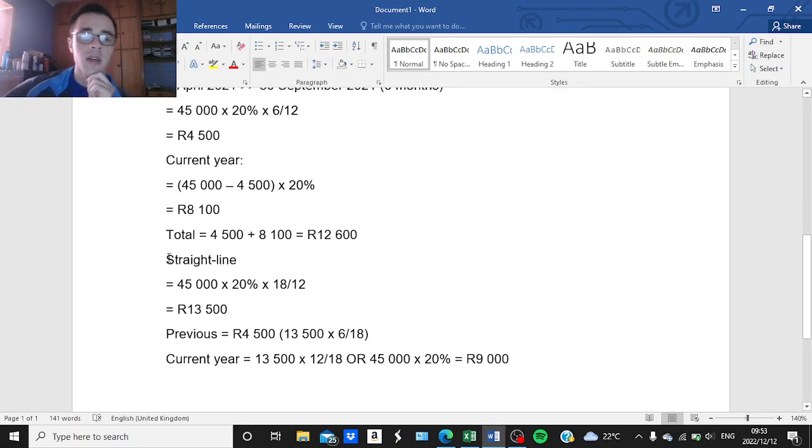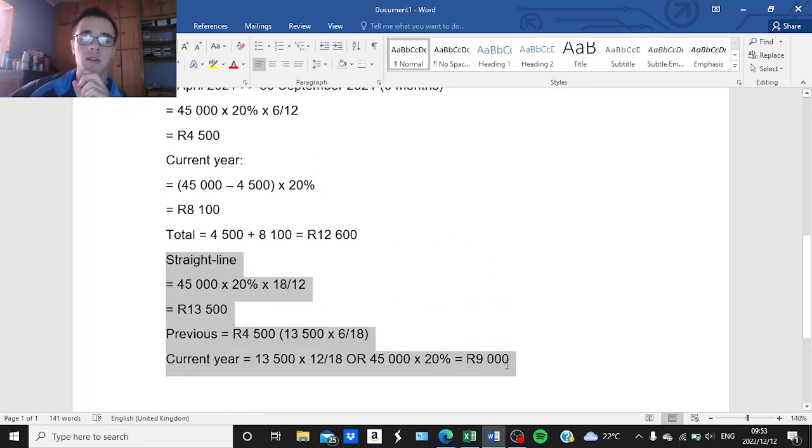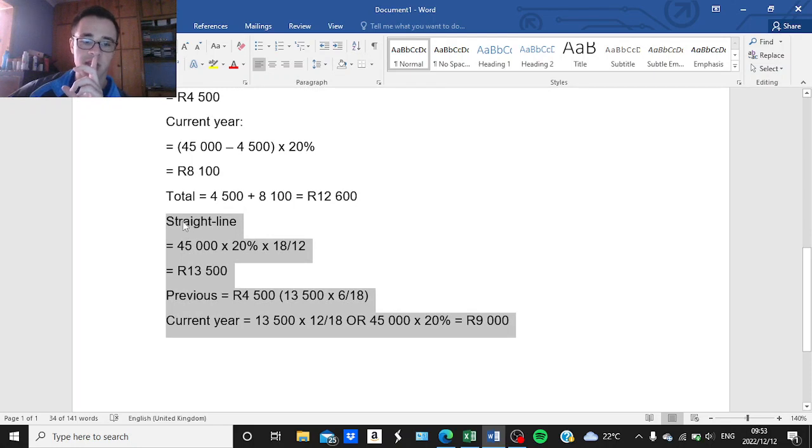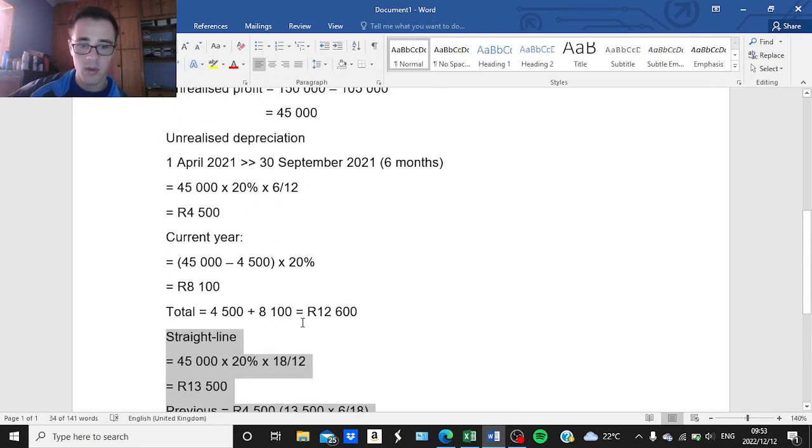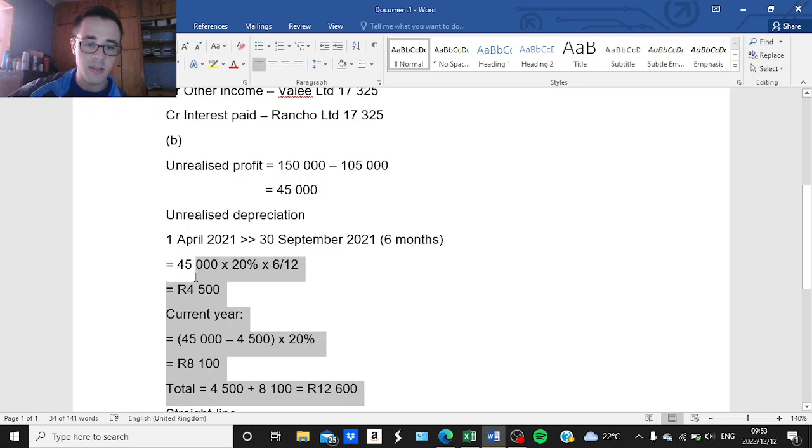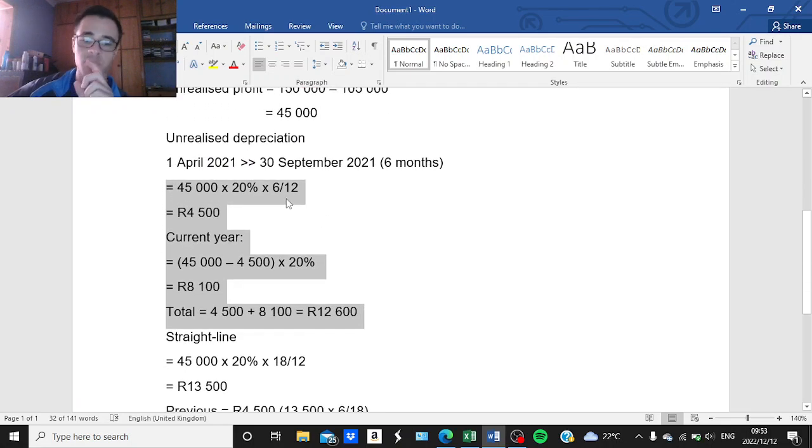So remember, these are not the official calculations for this question. It is just for the sake of showing you how you would have calculated the unrealized depreciation if you used the straight line method. But we are concerned with the amounts that we have calculated because we are using the reducing balance method.